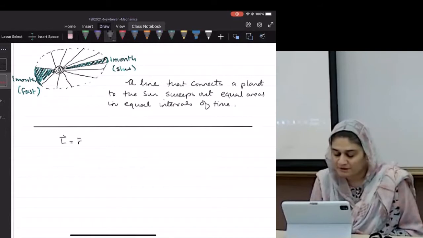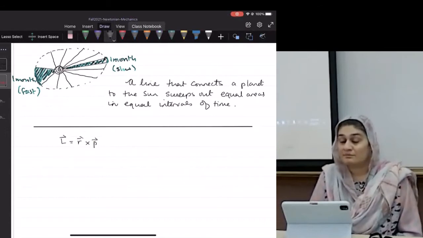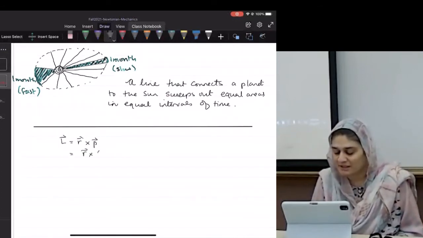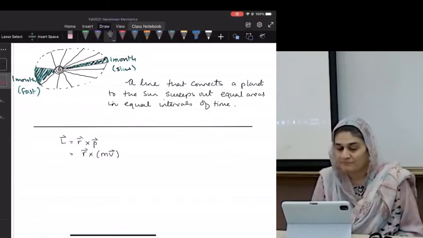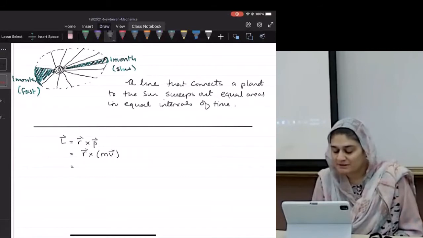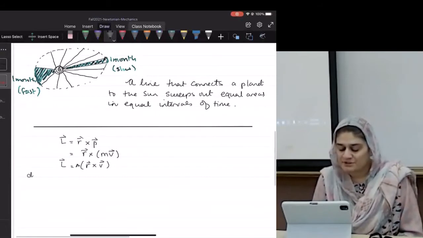L equals R cross P, where R is the radius, P is momentum, and P is defined as M times V. So may I write this as R times MV? Okay, so may I also write R times V, taking M constant? This is L. May I differentiate with respect to time?